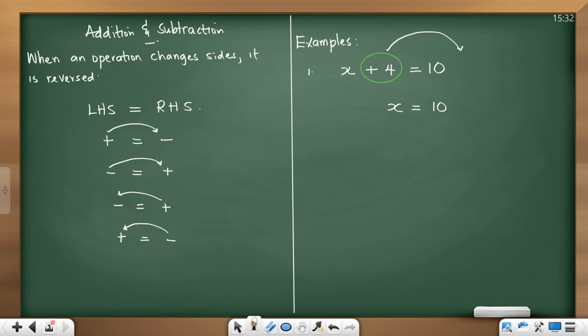Now, remember, it's an addition. When it changes from the left-hand side to the right-hand side, what happens? When an operation changes side, it is reversed. So let's reverse it. Instead of positive 4, it becomes negative 4. And what is 10 minus 4? 6. Please, maths is about steps.